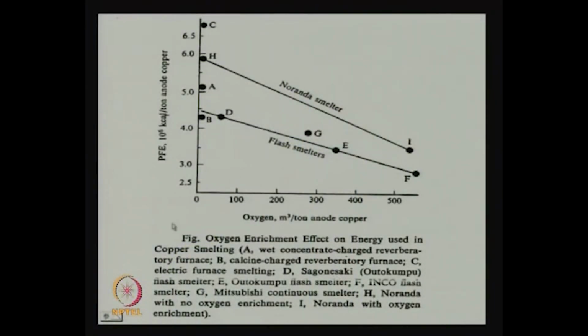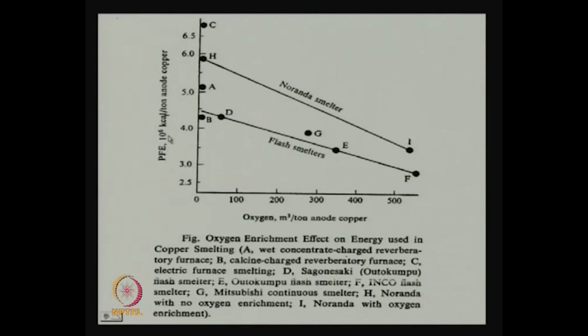People have made a general analysis of what role oxygen plays in terms of PFE. It has been found that in the oxygen enrichment effect on energy used in copper smelting, the more oxygen is used per ton of anode copper final step, the less is the PFE value.